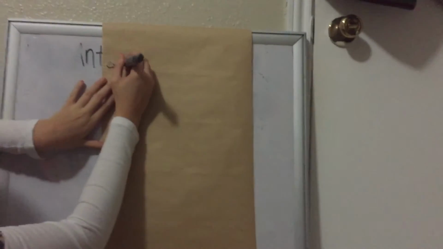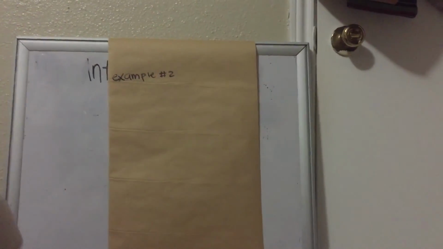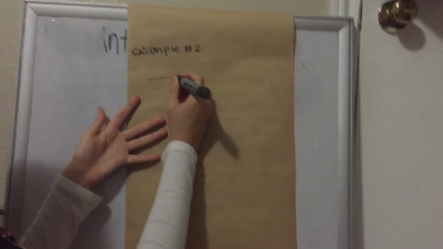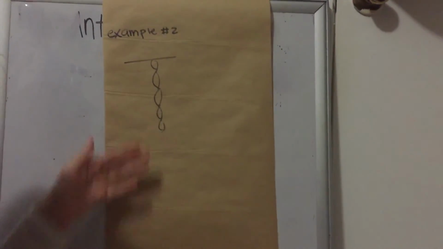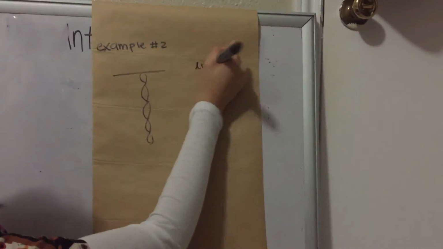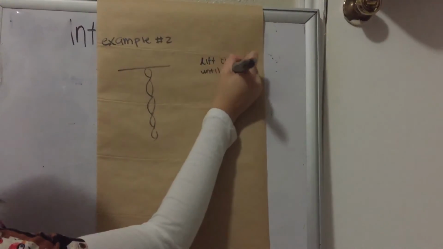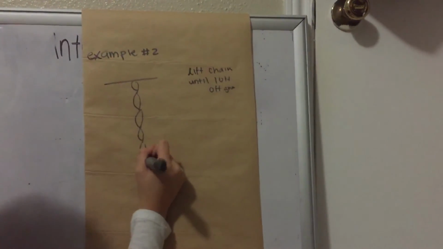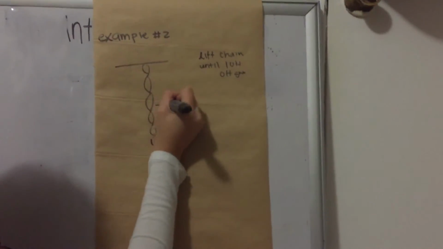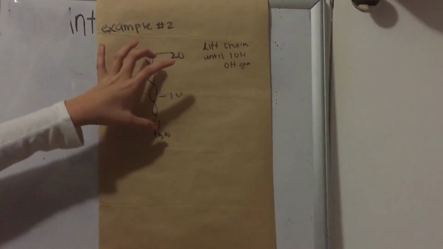Example number 2 is involving a chain. This one's slightly, I think, easier. So you got a chain. We want to lift the chain until 10 feet off the ground. Okay, here's our origin. Here's about 10, this is 20. The chain's 20 feet long and it's hanging 20 feet off the ground.